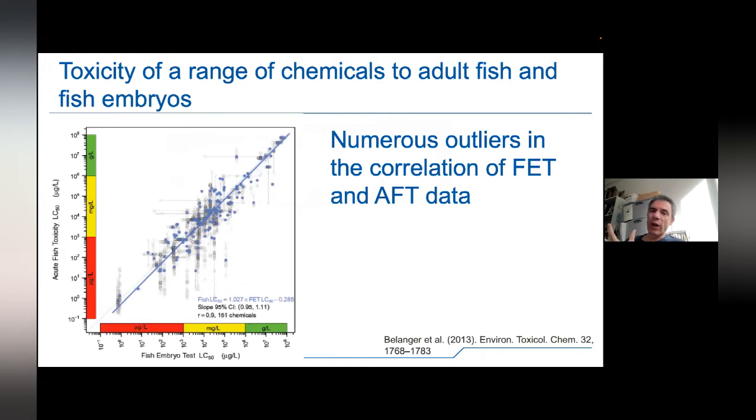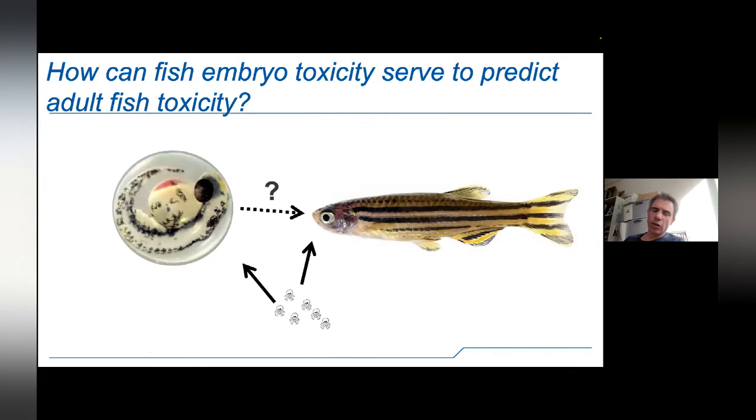But you need data for adult fish, actually, for chemical registration. And when you compare the toxicity of chemicals to embryos and adult fish, you have a correlation, but you have a lot of outliers also. So it's a question if you can make a good prediction of toxicity for adult fish from fish embryos.